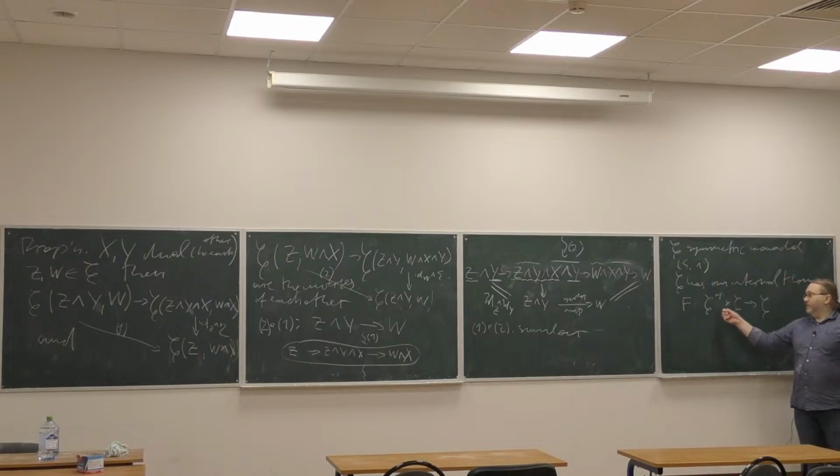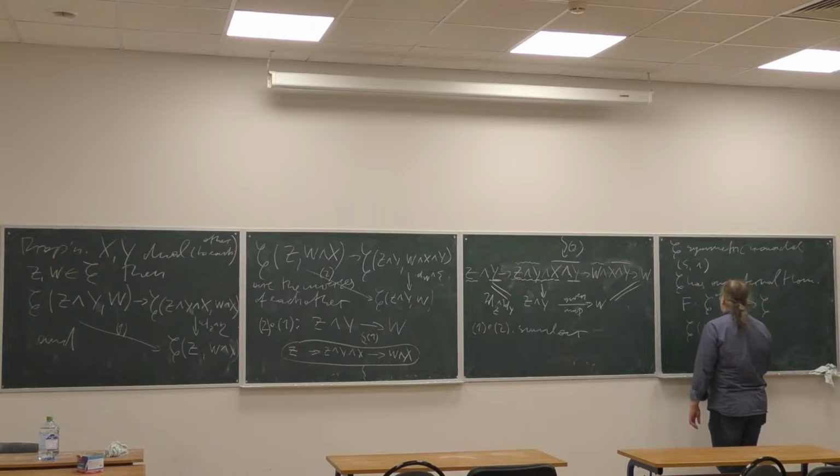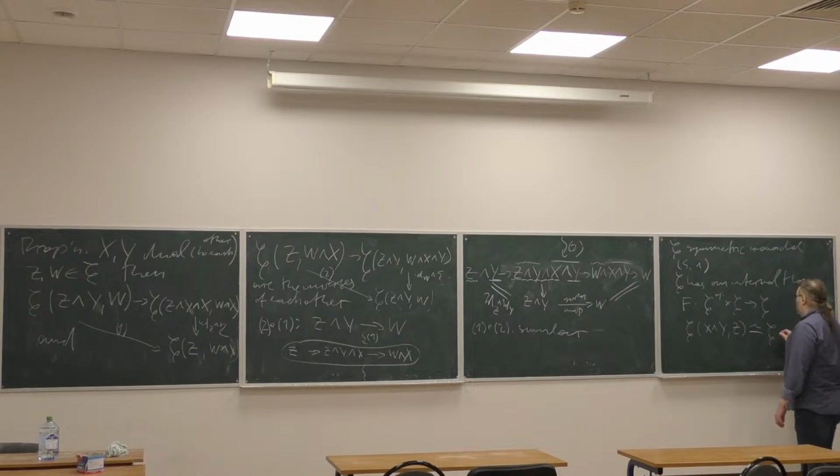Meaning, let's assume that we have a bifunctor F from C cross C to C, such that we have this functorially in all variables.